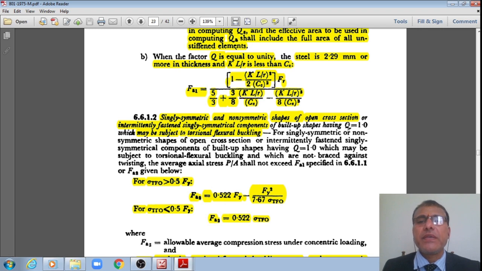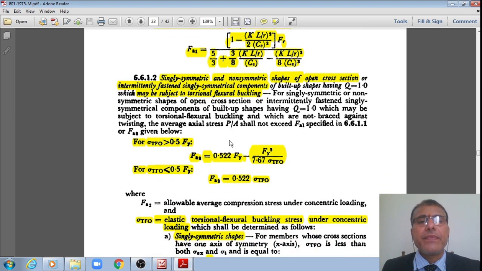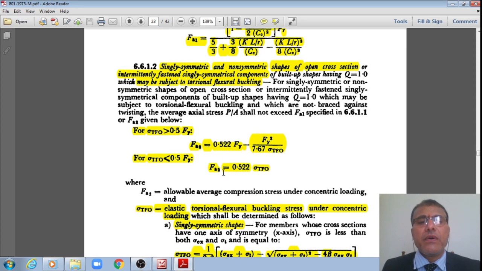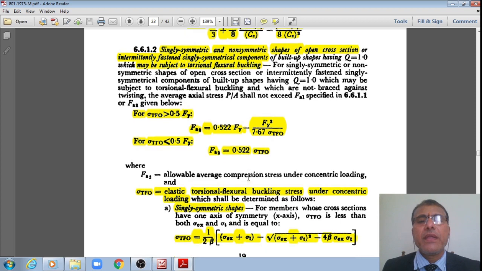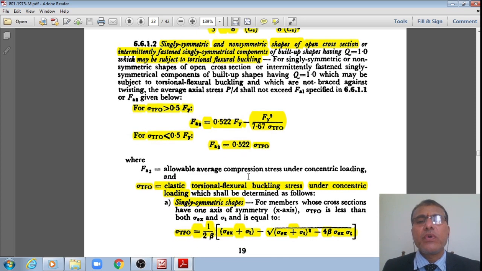There is a particular case: if Q is equal to 1 and they are subjected to torsional flexural buckling, then for sigma TFO greater than 0.5 Fy, FA2 is equal to 0.522 Fy minus Fy square divided by 7.67 sigma TFO. Whereas for sigma TFO less than or equal to 0.5 Fy, FA2 is equal to 0.522 sigma TFO.